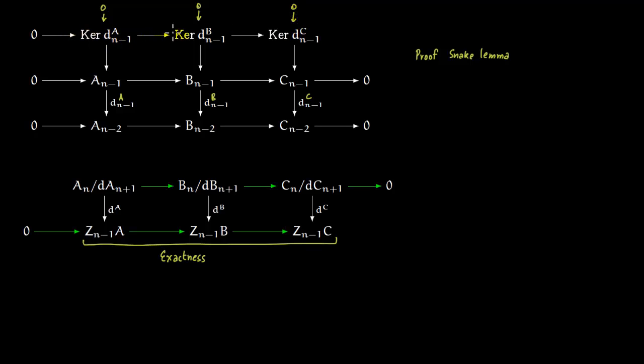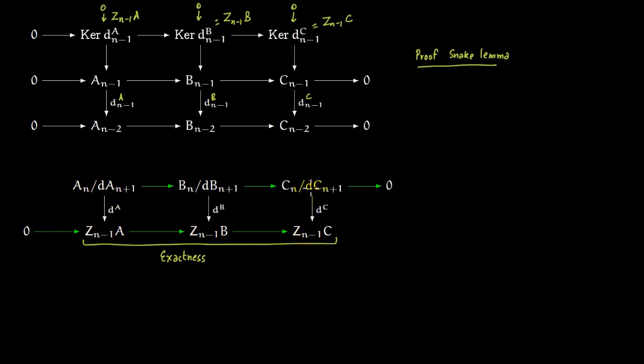This exactness we showed in the proof of the snake lemma, and by definition this is nothing but Z_{n-1} of A, that is cycles, because it's the kernel. This by definition we write as Z_{n-1} of B, and this as Z_{n-1} of C, and that's precisely this here. So we have shown the exactness of this bottom row.